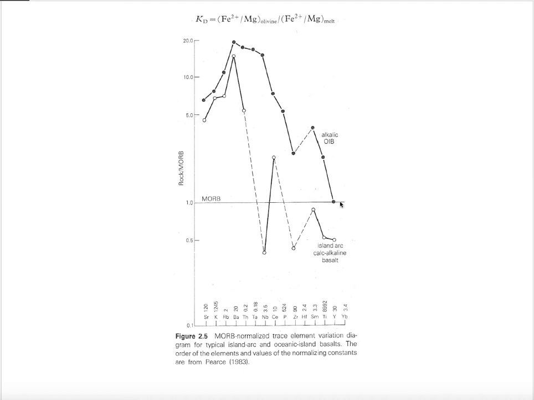Therefore the incompatible elements are always more enriched in residual melts, whereas the compatible elements are picked up very early in the melt, yeah. These incompatible elements are also hosted within different minerals.